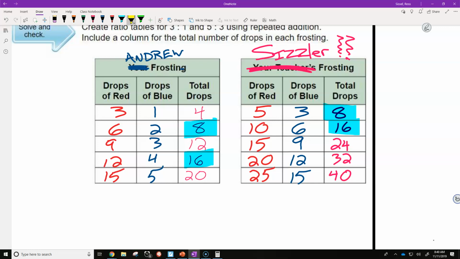If I'm looking at drops of blue, what could I be looking at? Tristan? Andrew's has 3, the third one down on the chart, and you've already used 3 drops of blue on your first thing on your chart.